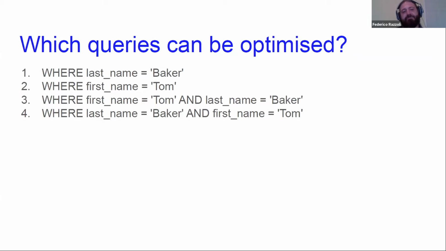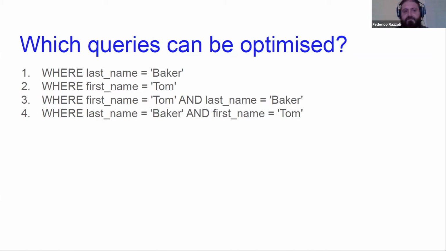I will tell you. The first one, yes, can use an index. And again, think about the phone book. Can you use the phone book to find all the persons who are called Becker? Of course you can, because they are ordered by last name. But the second where clause cannot use an index. Why?